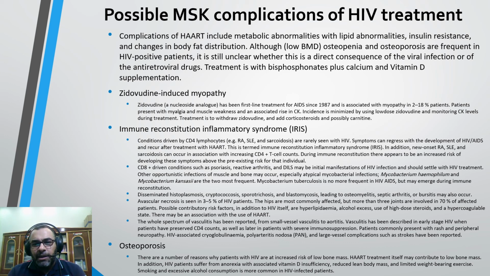Although low BMD, osteopenia, and osteoporosis are frequent in HIV-positive patients, it is still unclear whether this is a direct consequence of the viral infection or of the antiretroviral drugs. Treatment is with bisphosphonate plus calcium and vitamin D supplementation. The most important three complications of HIV treatment are zidovudine-induced myopathy, immune reconstitution inflammatory syndrome, and osteoporosis.